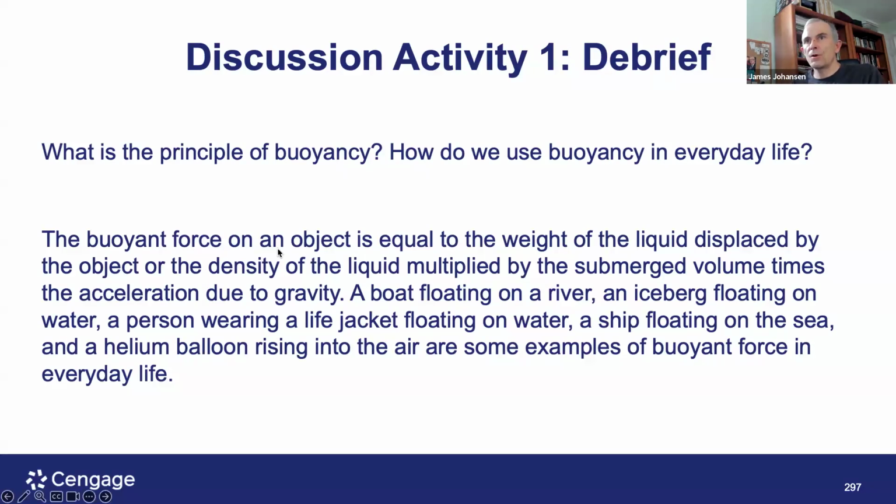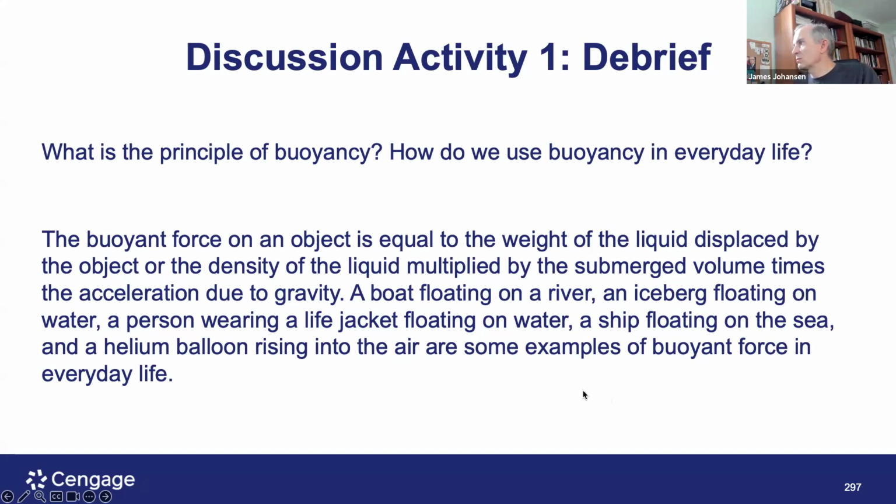So the buoyant force on an object is equal to the weight of the liquid displaced by the object, which is the density of the liquid multiplied by the submerged volume times the acceleration due to gravity. We're not showing an equation, so that may be hard to follow. A boat floating on a river, an iceberg floating on water, a person wearing a life jacket, a ship floating on the sea, and a helium balloon rising into the air are some examples of buoyant forces in everyday life.